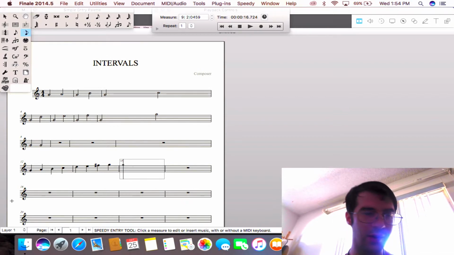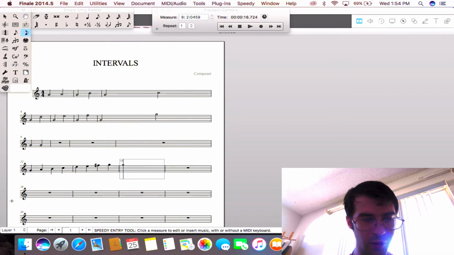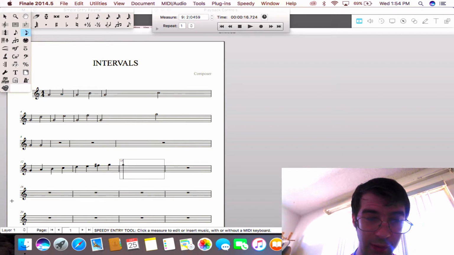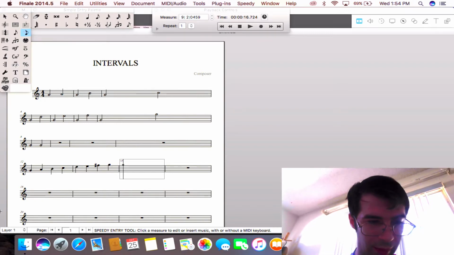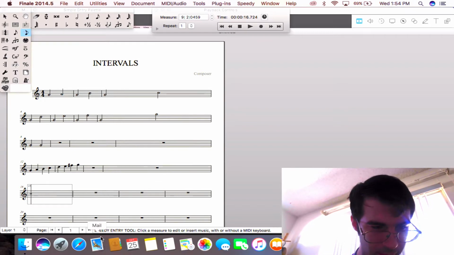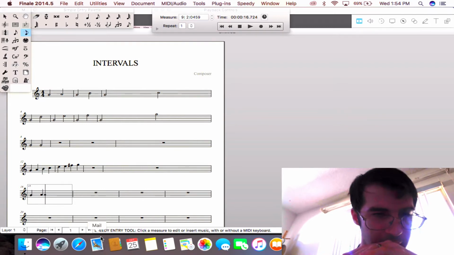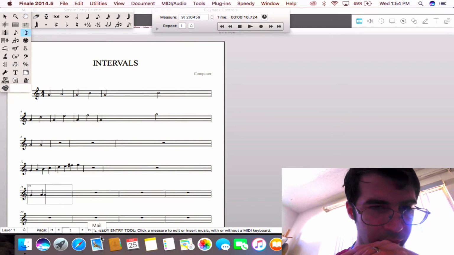In the case of unisons, you're just comparing one with one. It's one and the same. With seconds, you're comparing G and A, first to second, and it is one note difference.